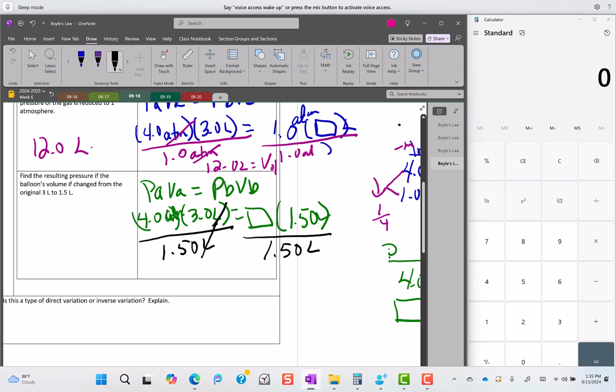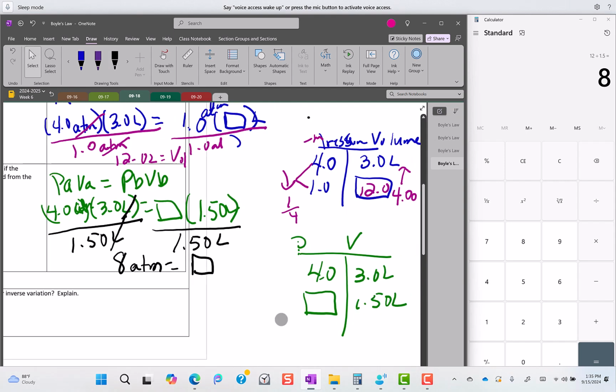We can get rid of our liters. Using a calculator, 4.0 times 3.0 equals 12, and then we divide that by 1.50, which gives us 8 atmospheres.